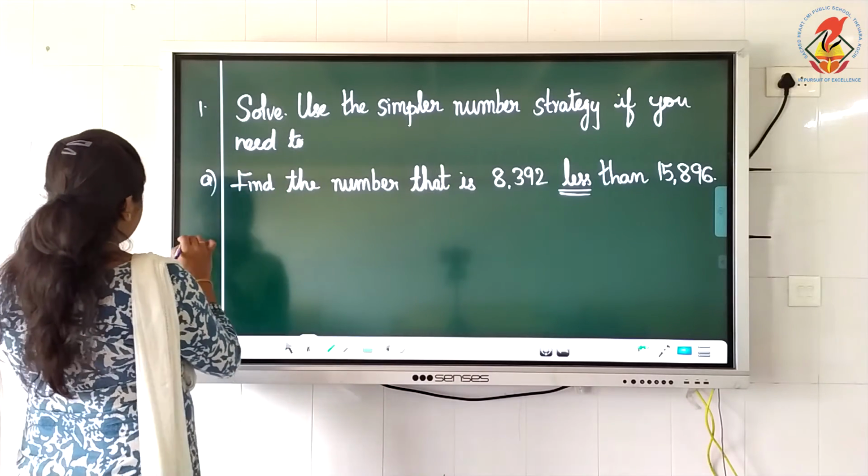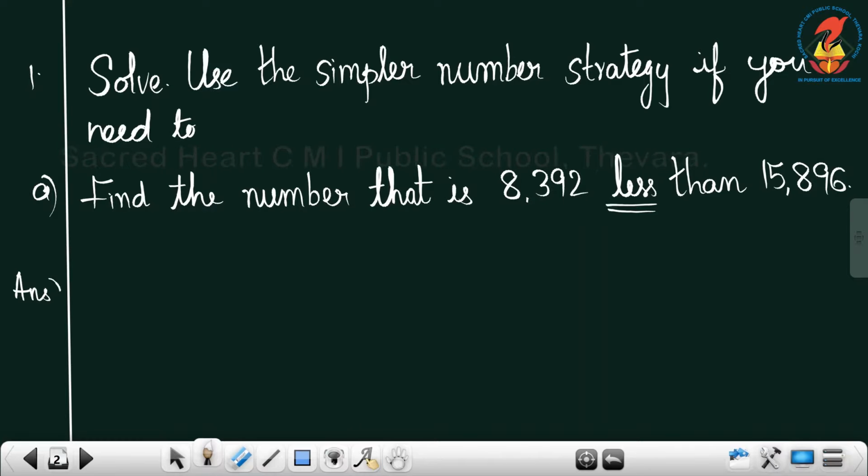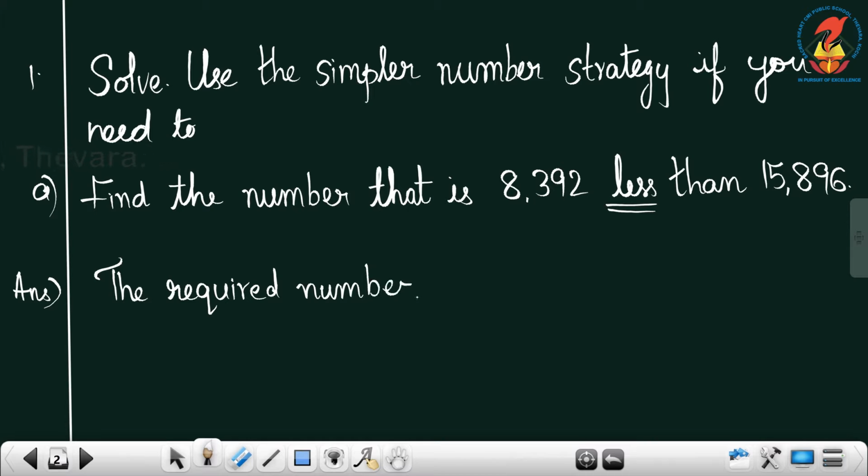Less than 15896. So solution, answer. The required number equals 15,896 minus 8,392.